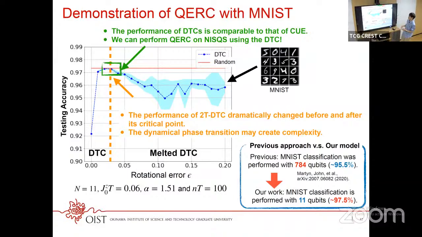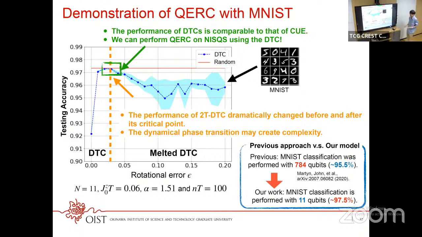We also compared our approach with previous work. In previous work, MNIST classification was performed with 784 qubits using the tensor network approach, and they achieved 95.5% accuracy in the testing.